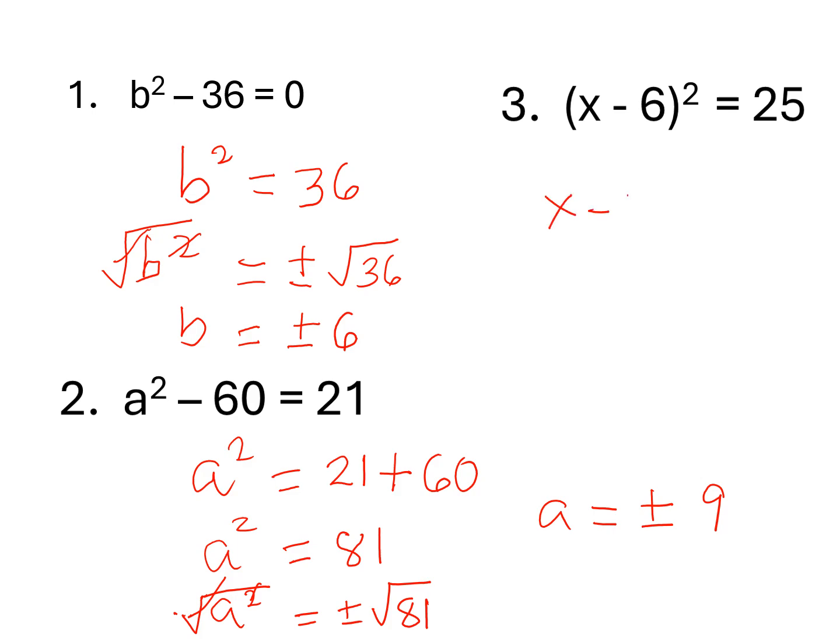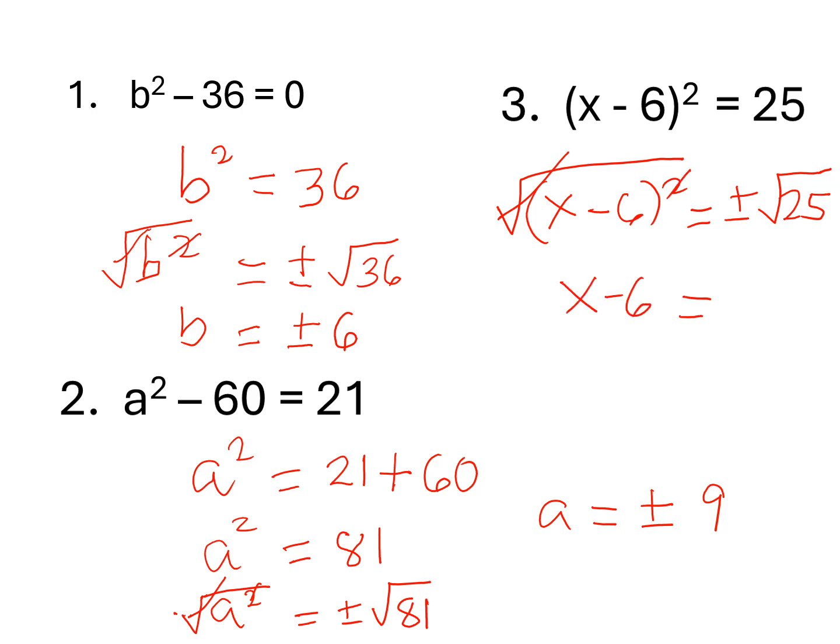So x minus 6 squared, then square root, equals positive negative square root of 25. Then this cancels out. So x minus 6 equals, what is the square root of 25? That is positive negative 5.